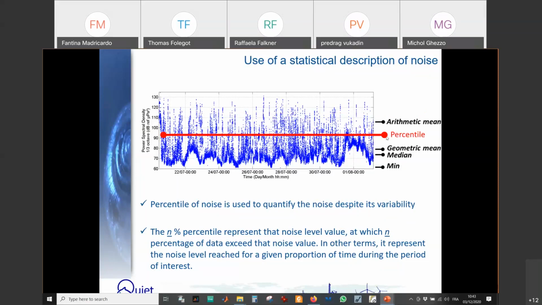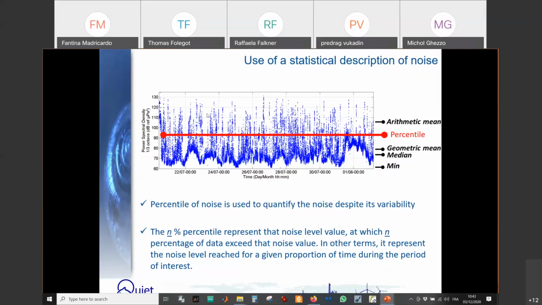So here you can select a proportion of time, or a given level, let's say here 92 decibels, and you will count how many data points you have above this level. Okay, and compared to the total number of data points, it will give you a proportion of time.